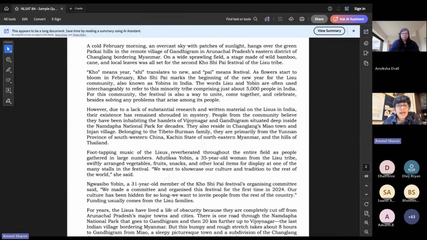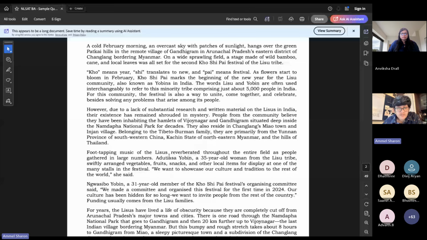However, due to a lack of substantial research and written material on the Lisus in India, their existence has remained shrouded in mystery. People from the community believe they have been inhabiting the hamlets of Vijayanagar and Gandhigram, situated deep inside the Namdapha National Park for decades. They also reside in Changlang's Mio town, an Indian village.